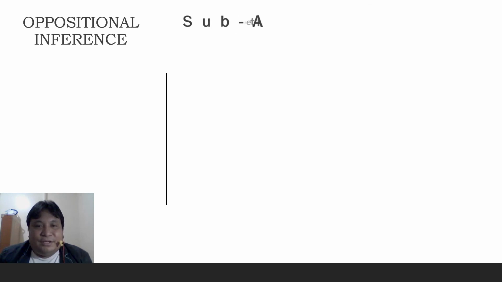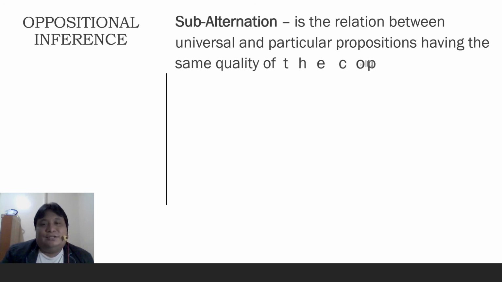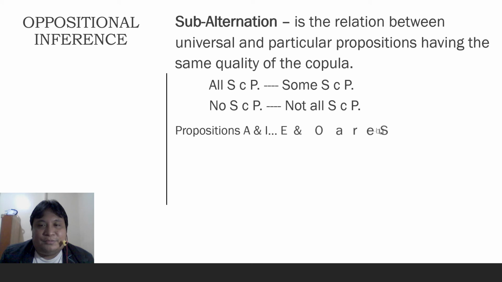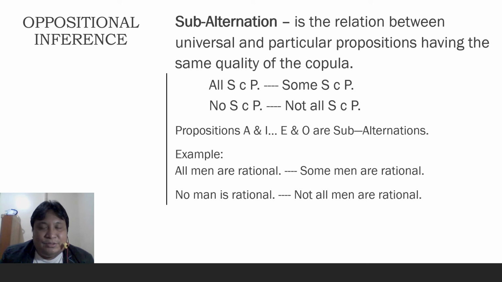The next one is subalternation, otherwise known as subalterns. It is the relation between universal and particular propositions having the same quality of the copula. So it refers to A and I propositions, or I and A. That is a subalternation, both in affirmative quality.